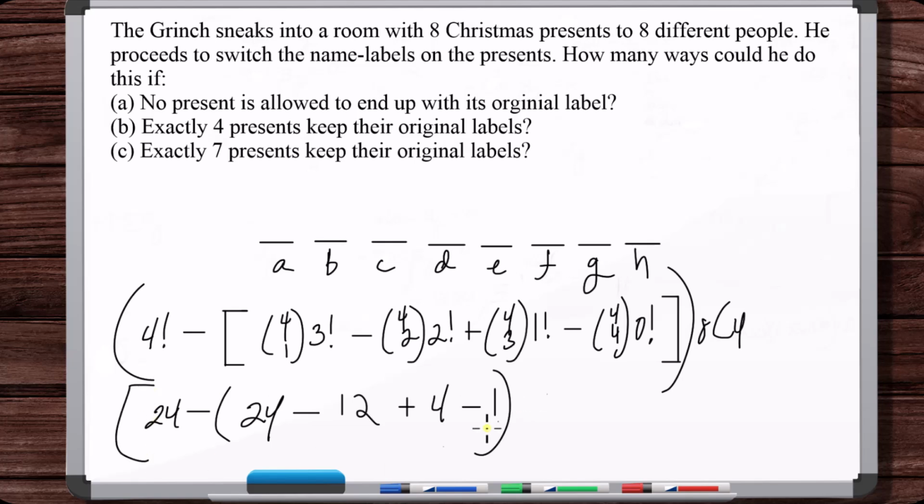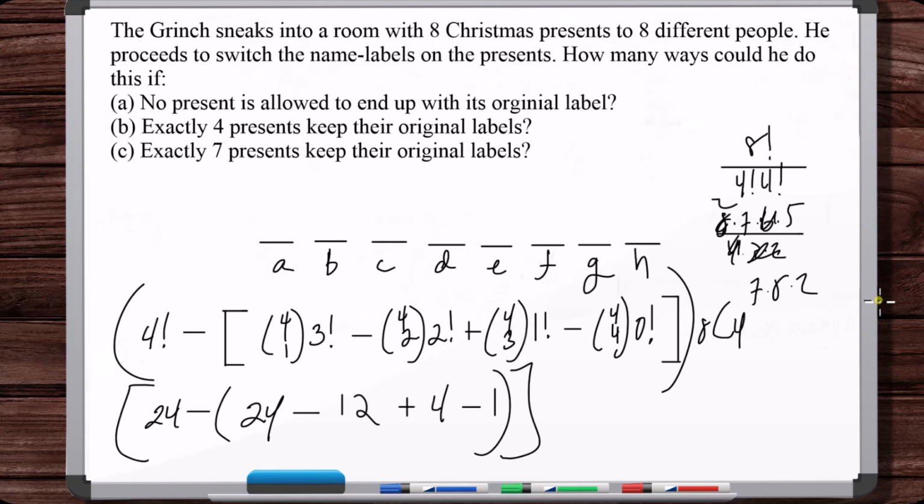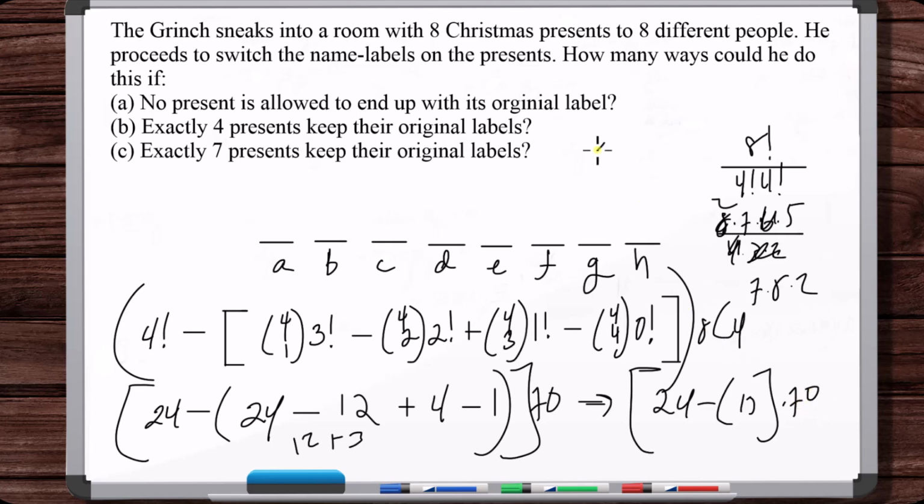And then all of this times 8 choose 4, which is 8 times 7 times 6 times 5 over 4 times 3 times 2, 7 times 5 times 2, so 70. Okay, so 24 minus 12, so plus 3, 15. So it's 9 times 70. So 630.